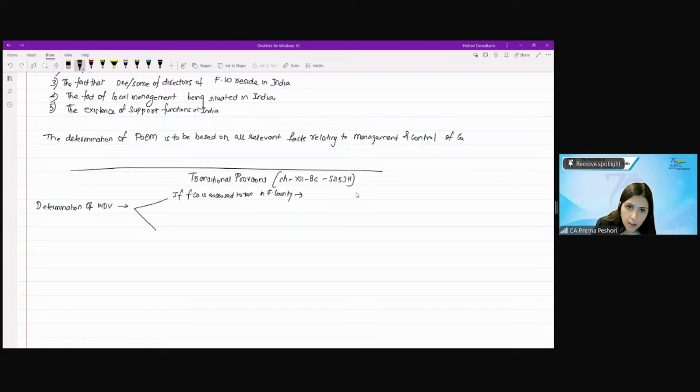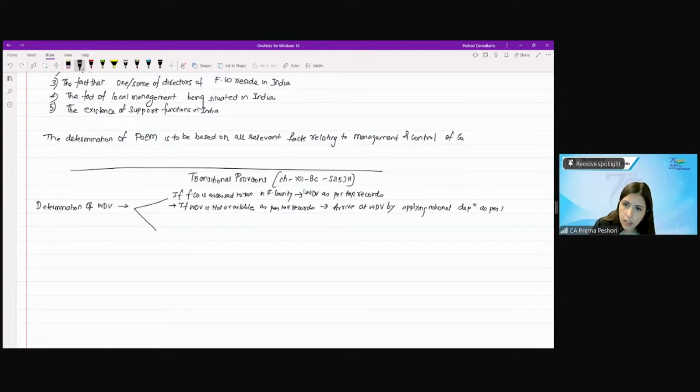WDV as per the tax records. And if the WDV is not available as per tax records, then you will arrive at WDV by applying notional depreciation, right?